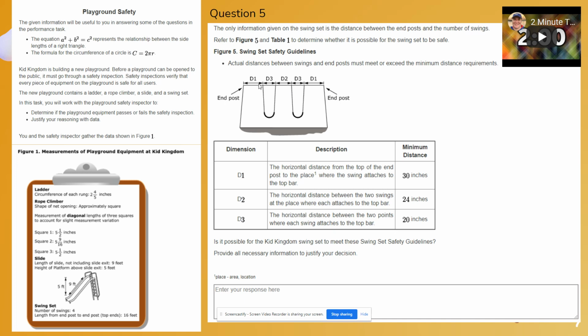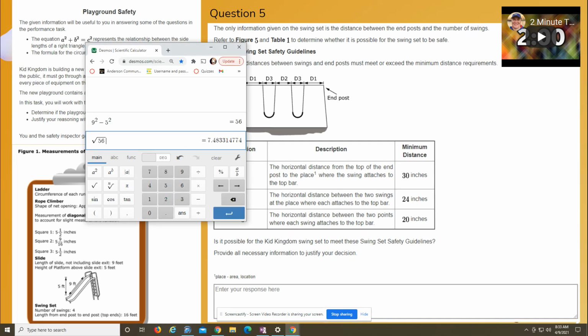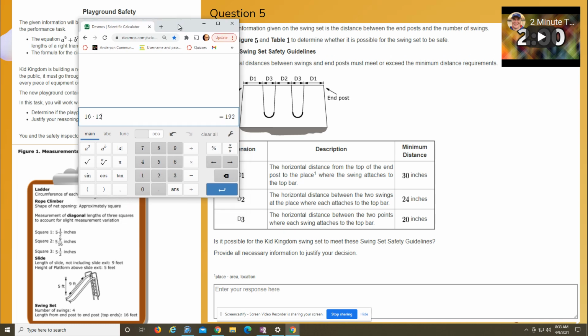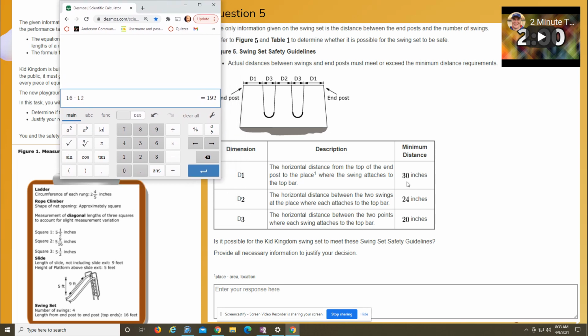And so if this piece is 30 inches and this piece is 30 inches, the easiest way to do this is to pull up a calculator. 16 feet, remember it's 12 inches per foot, so it's 16 times 12, which equals 192. And so what we're going to do is subtract these. D1 is 30, so we're going to minus 30.